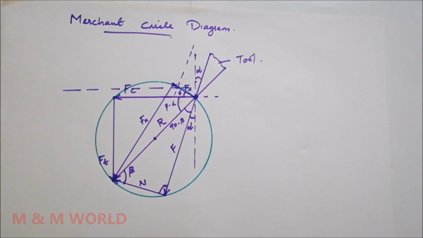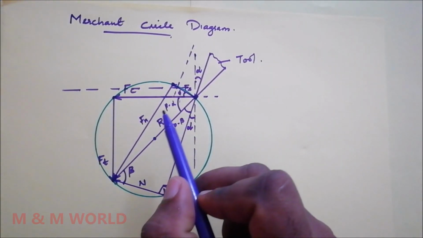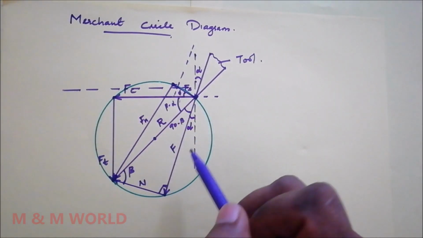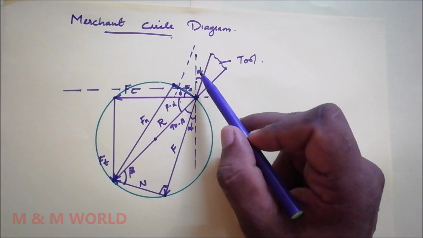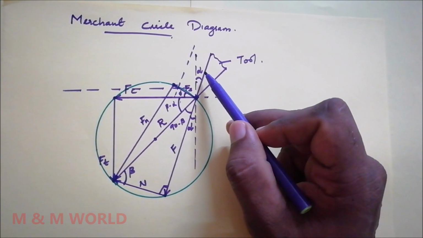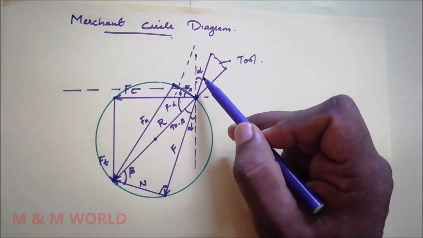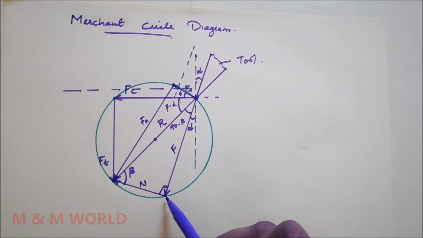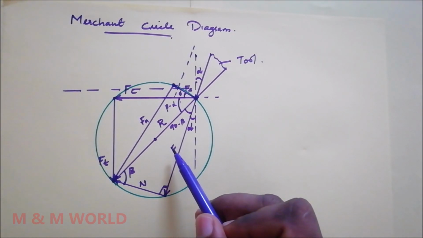If the circle is drawn correctly, the heads and tails of these vectors will lie on the circle. Next we have to draw the cutting tool with correct rake angle. Now after drawing the cutting tool, extend the line from the face of the cutting tool. So this is the face, and extending this line to the circle gives the friction vector F.